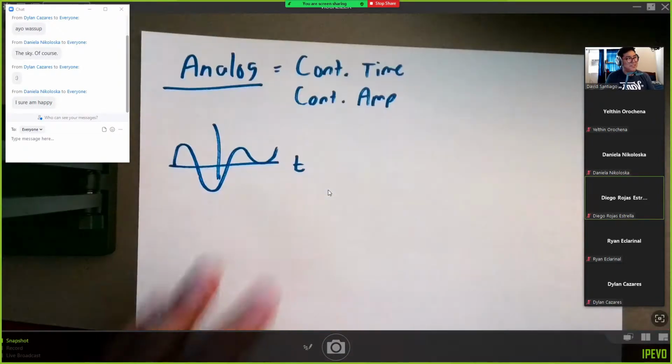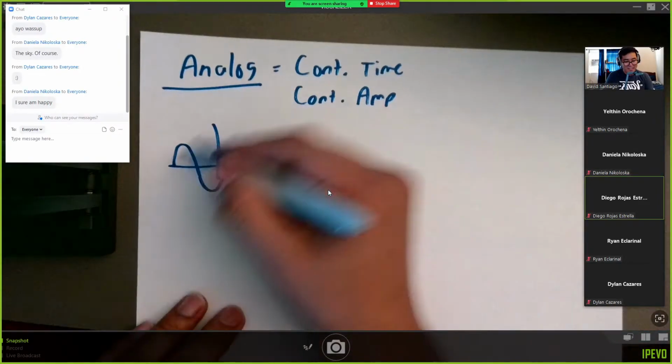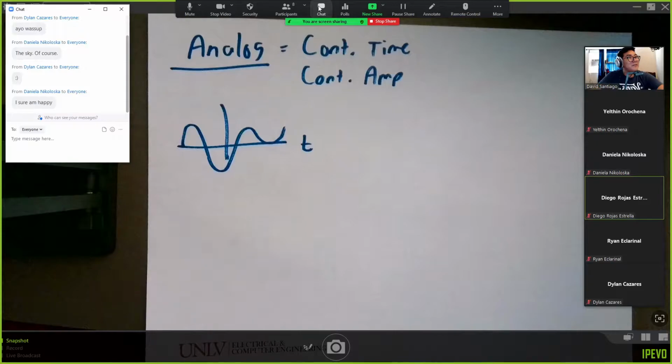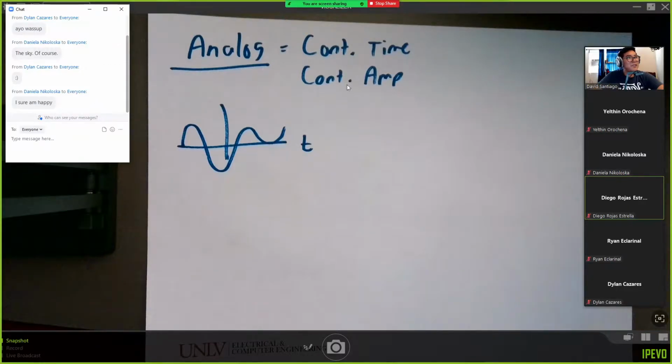It's continuous amplitude, continuous time. It all flows. It's all nice, wiggly, and we're all happy. Let me check if we have our chat. Our chat's pretty okay. All right, there we go.